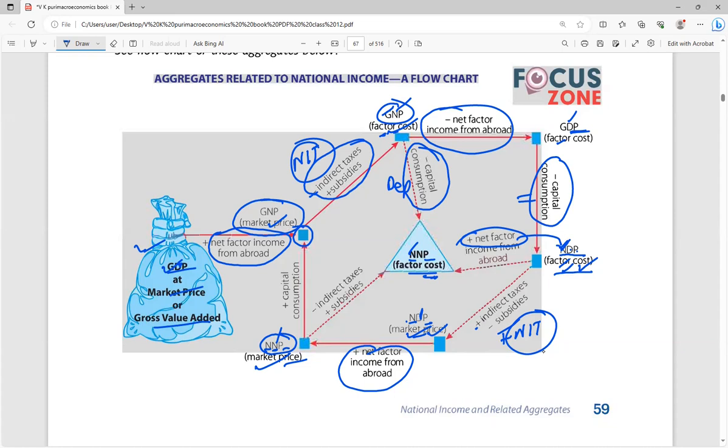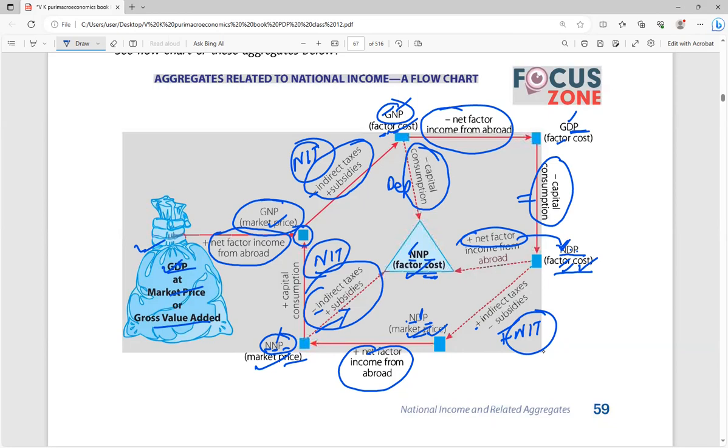Now next, see again here, this one arrow this side. If you subtract NIT, minus indirect tax plus subsidies, that is NIT, the market price becomes factor cost. So that's why NNPFC. That's it.